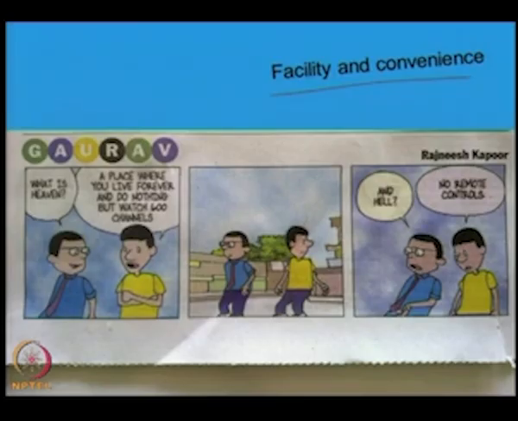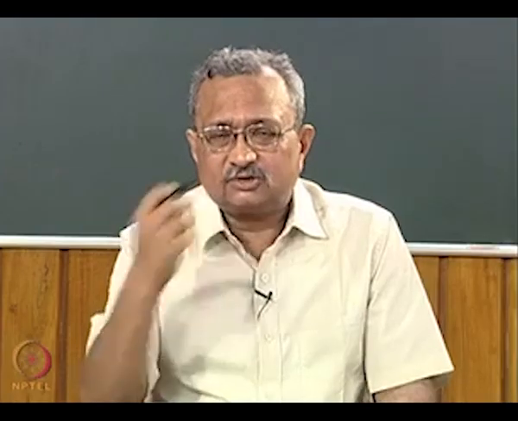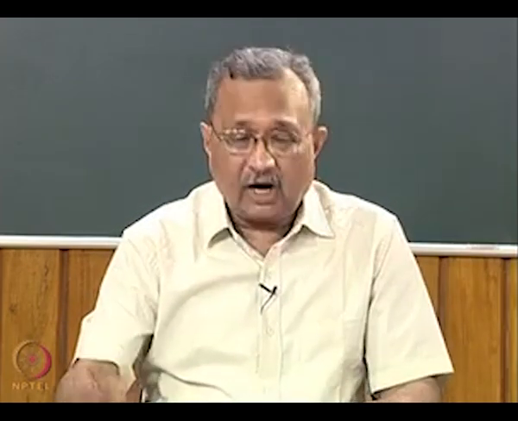They are all happy. And hell? No remote controls are there. From this cartoon, the essence we can get is that facilities may all be there, but how to use them properly is what is necessary.